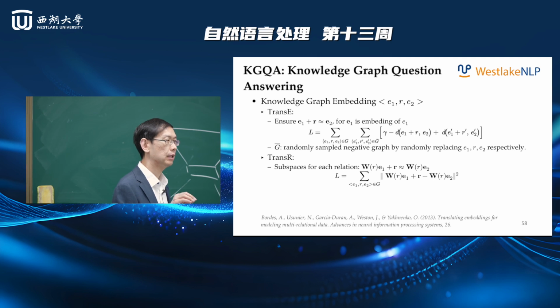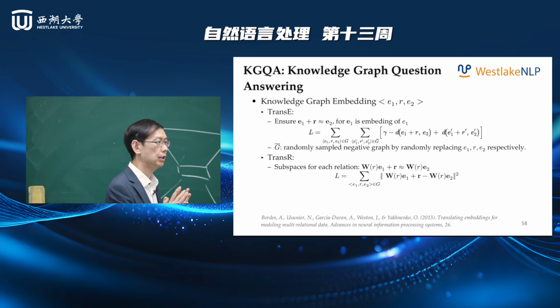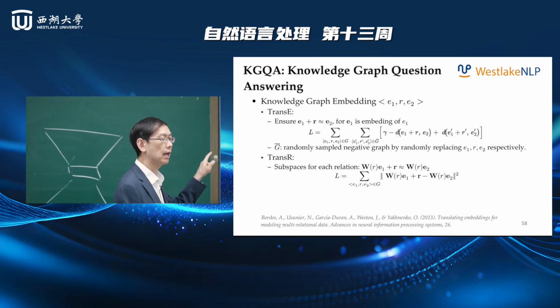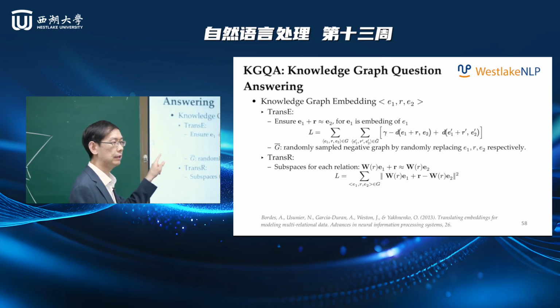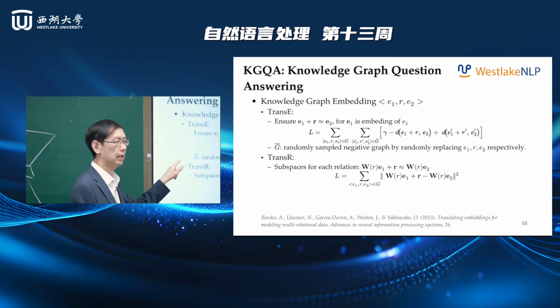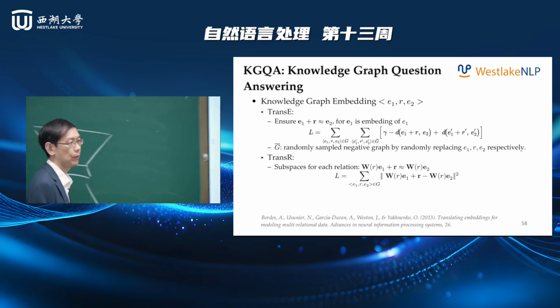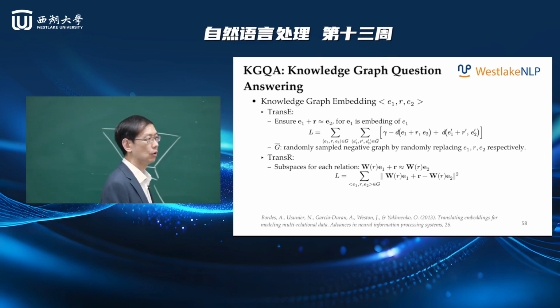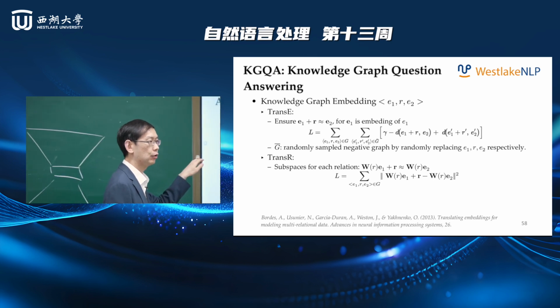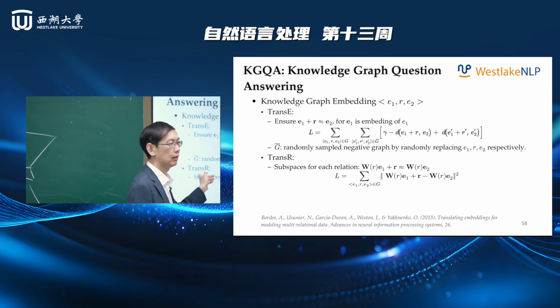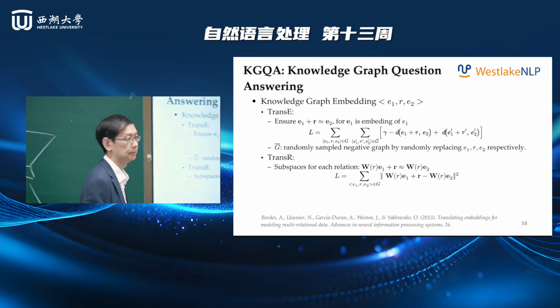If you want to predict the second entity using the first entity and the relation, a simple method is to make sure that the sum of the embedding of E1 and the relation embedding roughly equals the embedding of E2. Okay? So the sum of Westlake University and located in roughly equals Hangzhou.